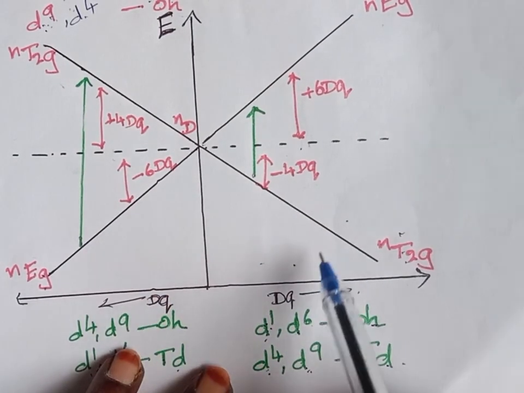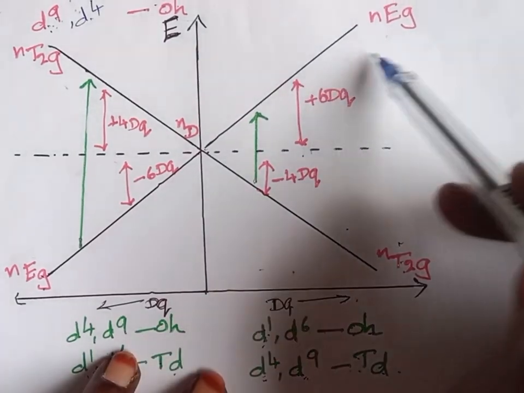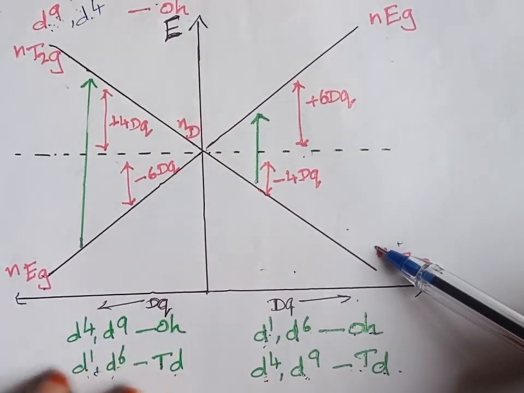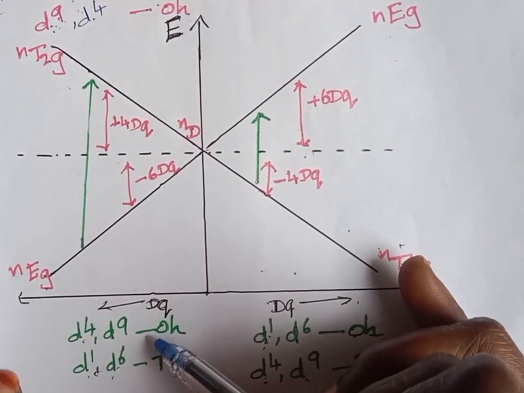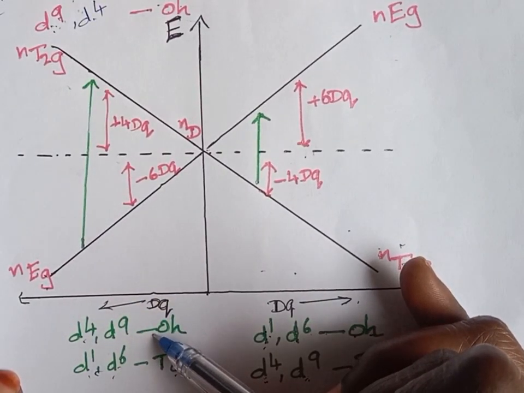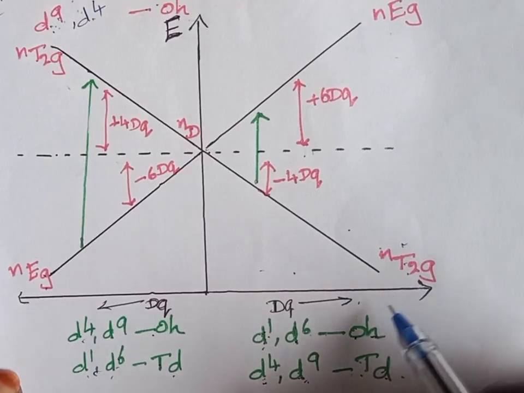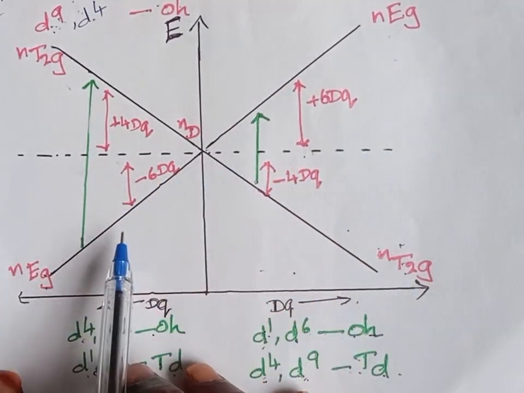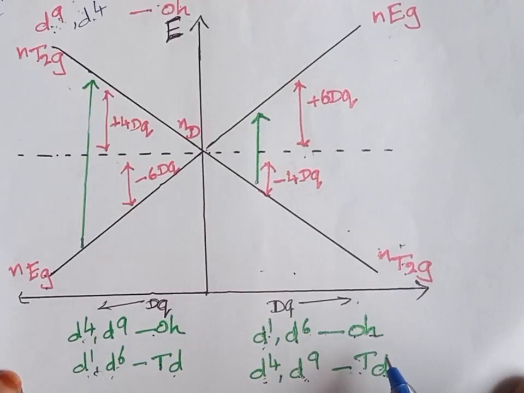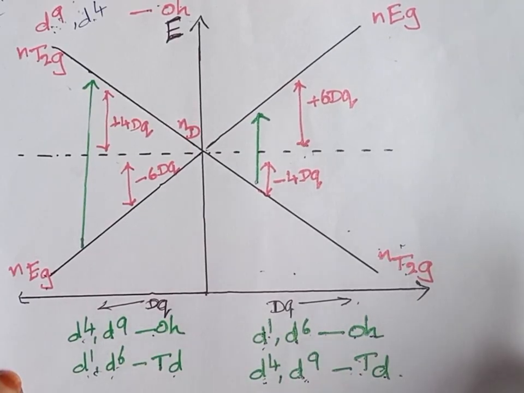So that is the D4, D9 tetrahedral splitting diagram. And then the reverse diagram, D4, D9 octahedral diagram, right?